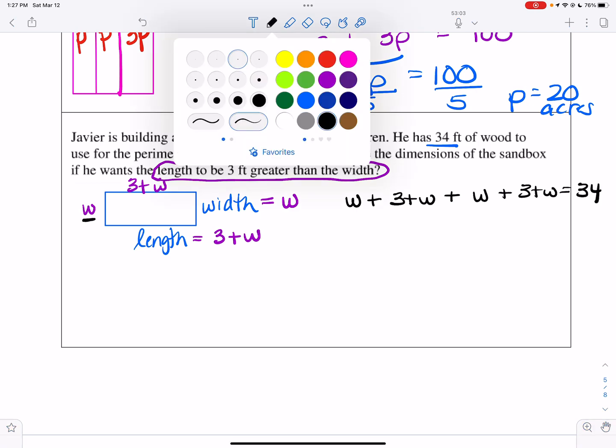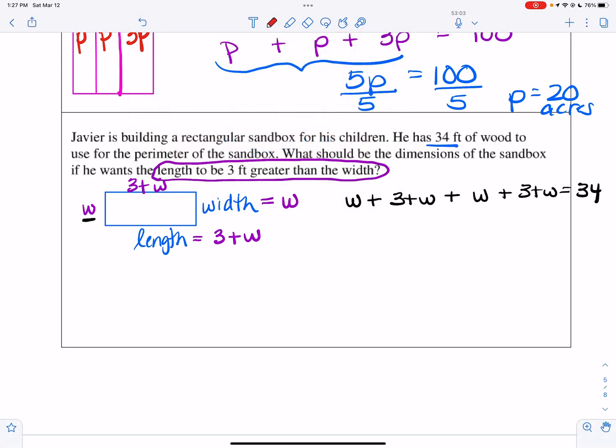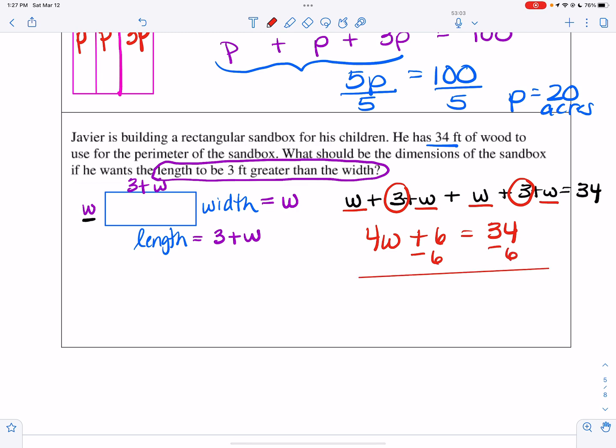And then I'm going to collect my like terms, 1W, 2 Ws, 3 Ws, 4 Ws. And then I'm going to take 3 and 3 and make 6, and that equals 34. So then I'm able to subtract 6 on both sides. 4W is equal to 28.